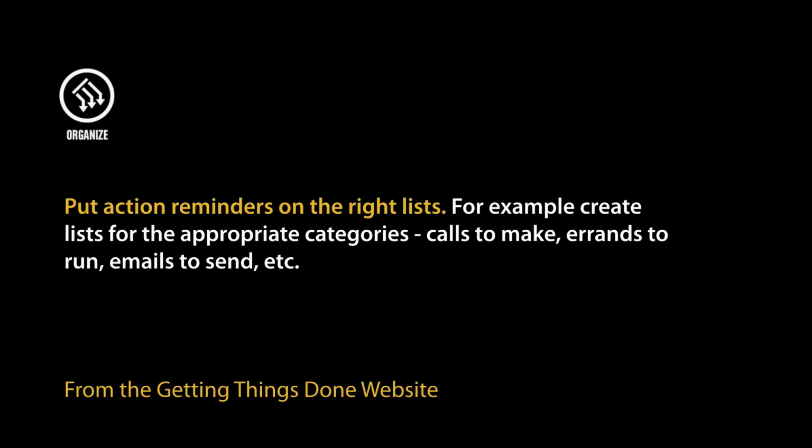So for example, for me to do my email, I need either my iPhone, my iPad, or a computer. But for me to buy dog food, I need to be at the supermarket.